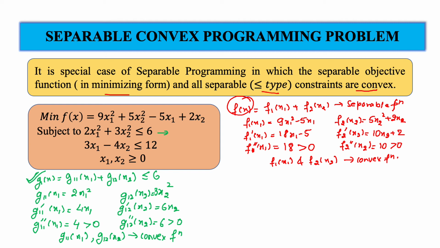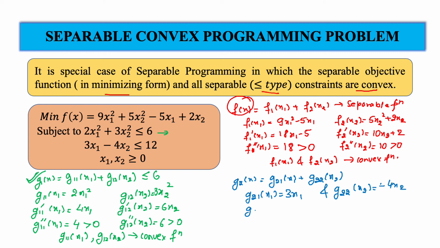And now we will come to the second constraint equation, that is g2(x), which is g21(x1) plus g22(x2). So g21(x1) is 3x1 and g22(x2) is minus 4x2.